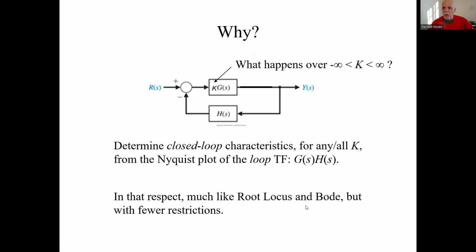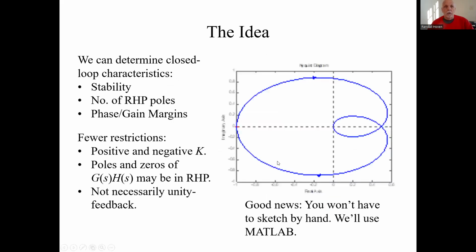So it's kind of like root locus and Bode, but we'll have fewer restrictions than the Bode plot. What can we determine from that? Closed loop characteristics, primarily stability, the number of poles in the right half plane, and theoretically the phase and gain margins.